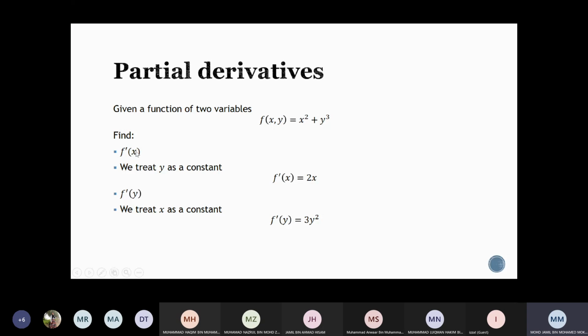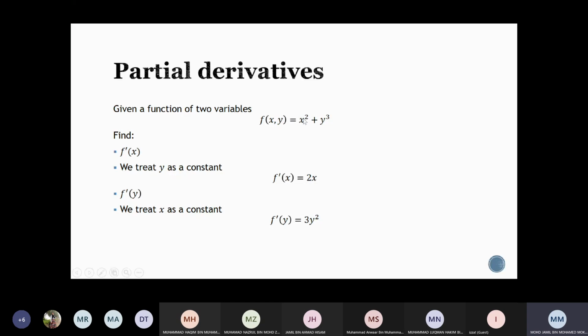So f prime of x, you just differentiate the x squared, you get 2 times x. We treat y as a constant, so differentiating a constant, you get 0. So 2x plus 0, you get 2x. If you want to find f prime of y, we treat x as a constant.